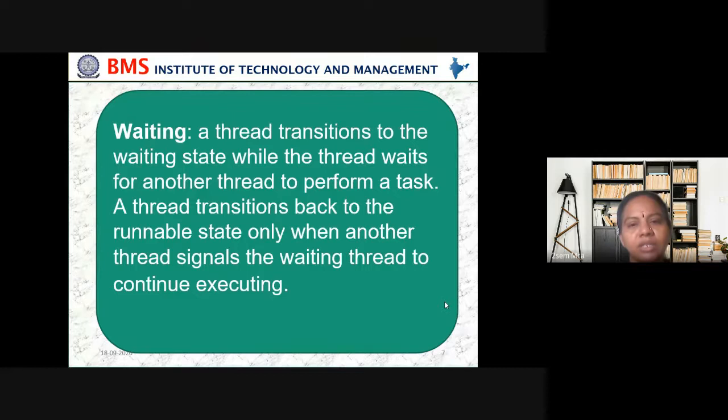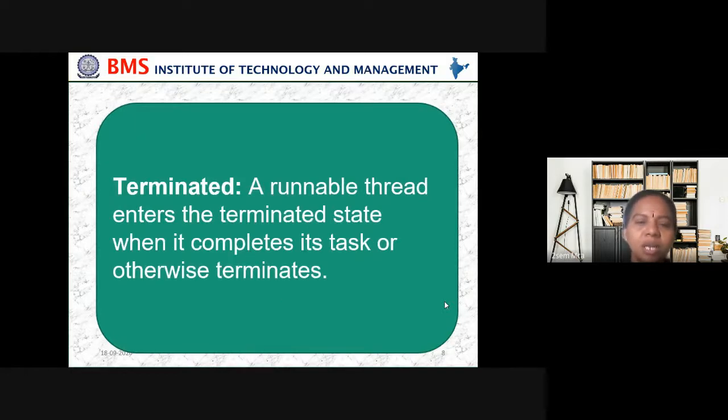Waiting: a thread transitions to the waiting state while it waits for another thread to perform a task. A thread transitions back to the runnable state only when another thread signals the waiting thread to continue executing. Terminated: a runnable thread enters the terminated state when it completes its task or otherwise terminates.